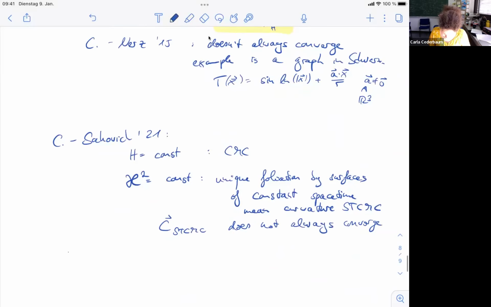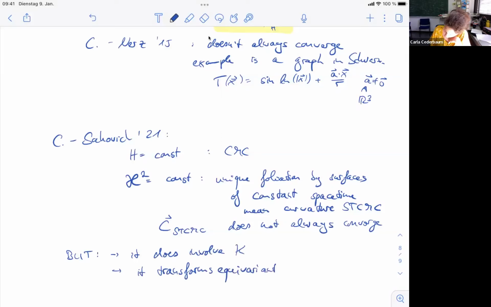But, and here's the big but. So first of all, it does involve K, because it's space-time constant mean curvature. So it does involve K. And if it converges, it transforms equivariantly under the Poincare group. In particular, the center of mass now evolves like the position of a point particle in special relativity under Einstein evolution.